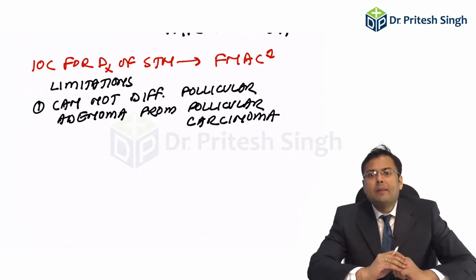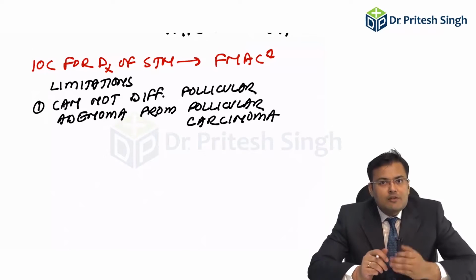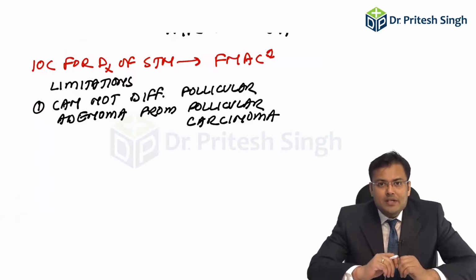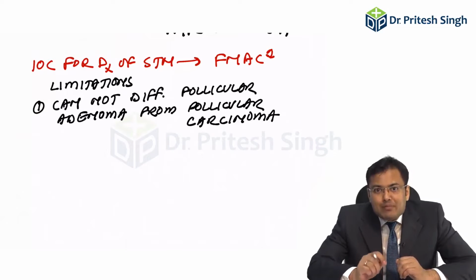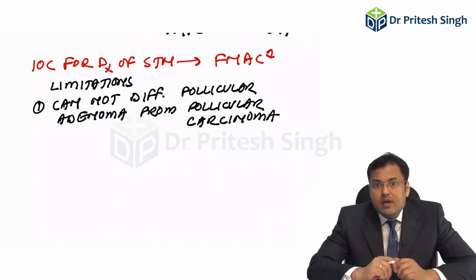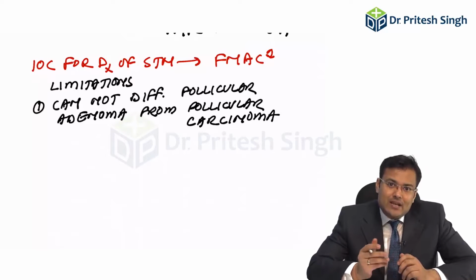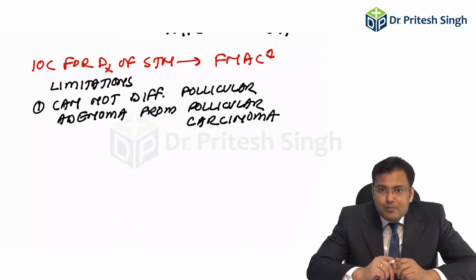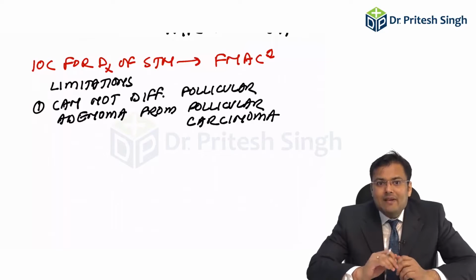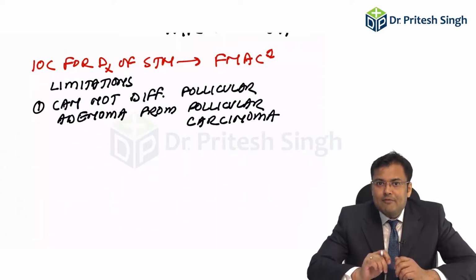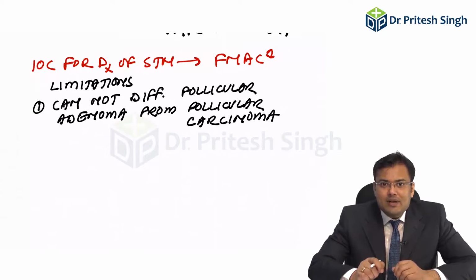Question, why? Because the diagnosis of follicular carcinoma is based on vascular invasion and capsular invasion, which is not detected on FNAC. It can be only diagnosed on biopsy. That's why FNAC cannot differentiate follicular adenoma from follicular carcinoma.